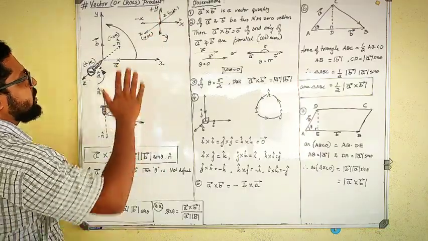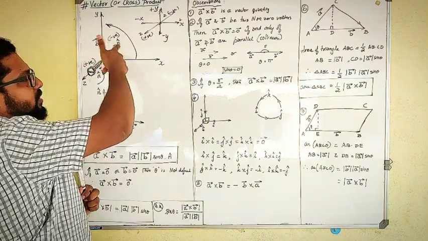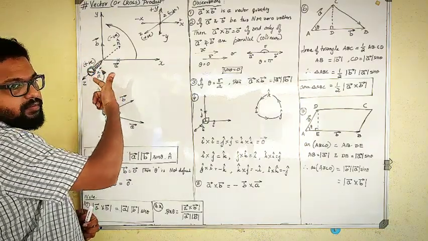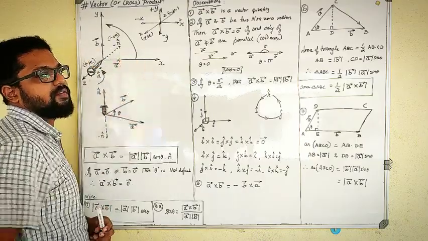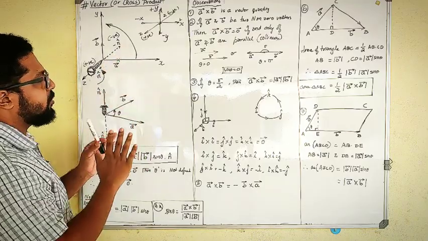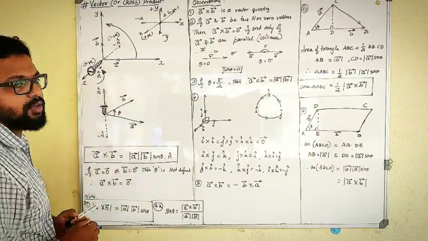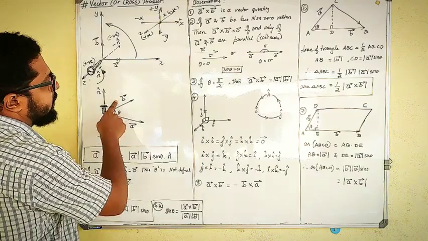Understand that point clearly. Which means when I am rotating it in the anti-clockwise direction, this is positive. When I am rotating it in the clockwise direction, it goes in the negative direction of the z-axis. That's why it is negative. Okay, this is what the practical idea of cross product means. That is, I'll take a vector A and a vector B.